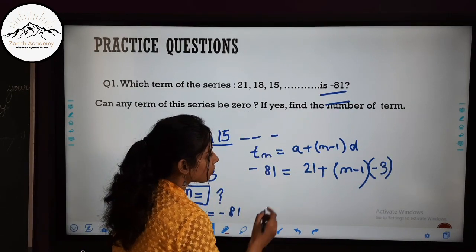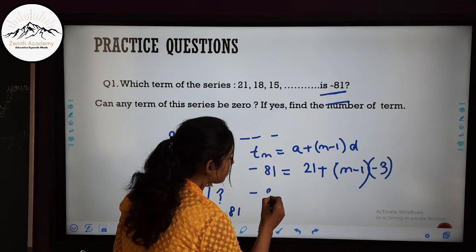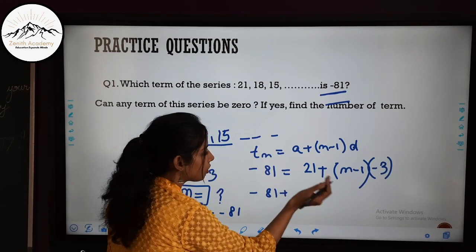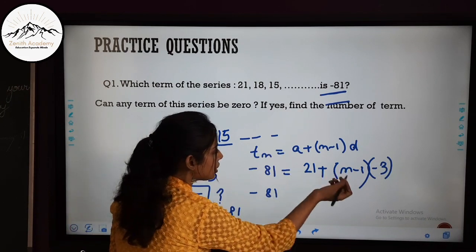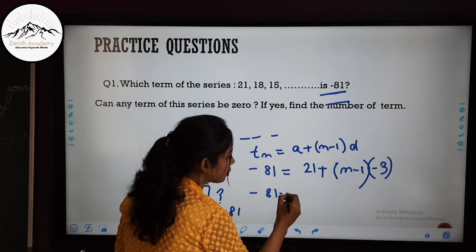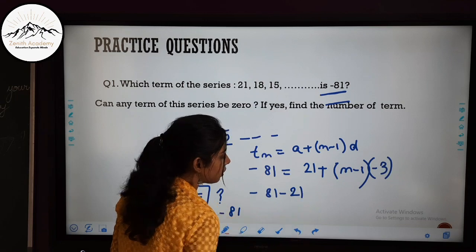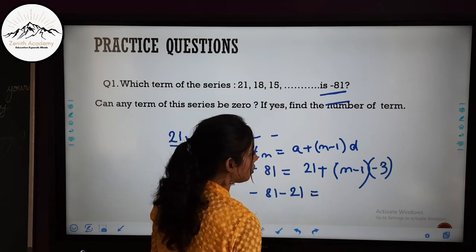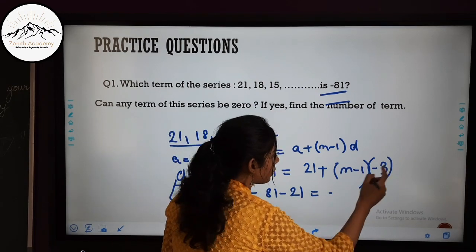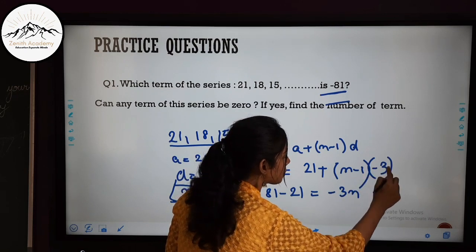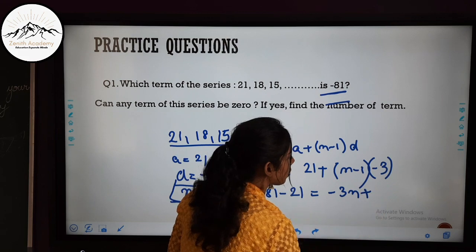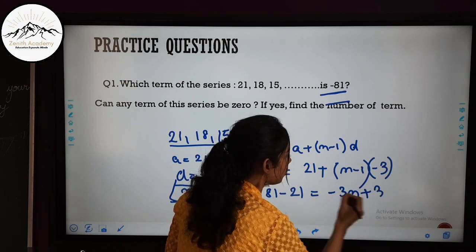So solving it, we'll get minus 81 and we'll shift 21 to the LHS. We'll get minus 21 equal to, opening the brackets, minus 3n. Minus minus gets cancelled and becomes plus, it will be plus 3.